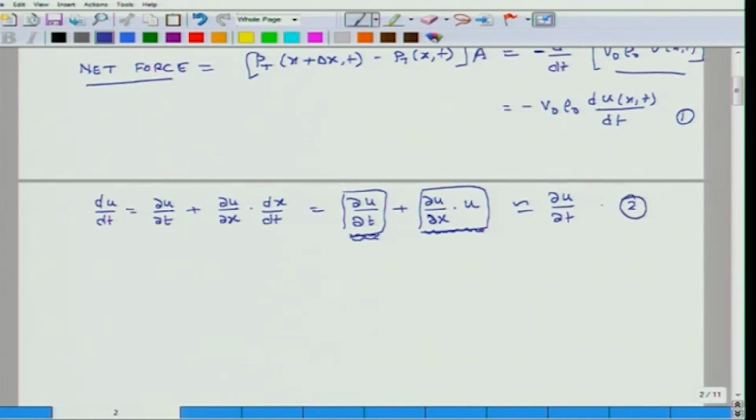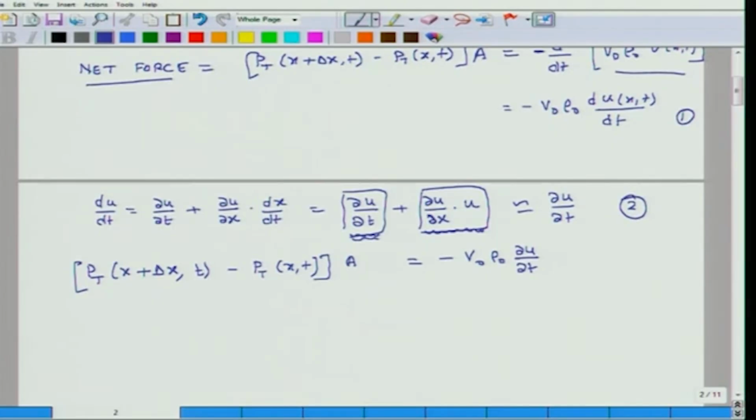So, this is my equation 2, and I plug this equation 2 back into 1. So, what I get is P(x plus delta x, t) minus P(x, t), times A, is equal to minus V naught rho naught del u over del t.